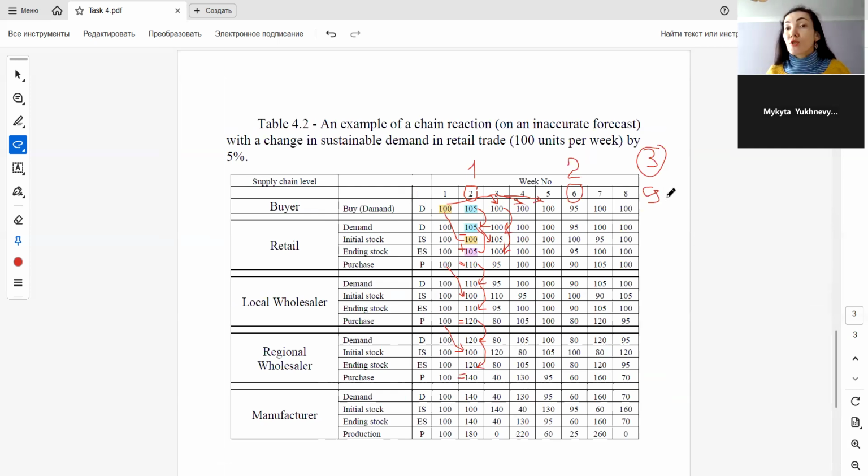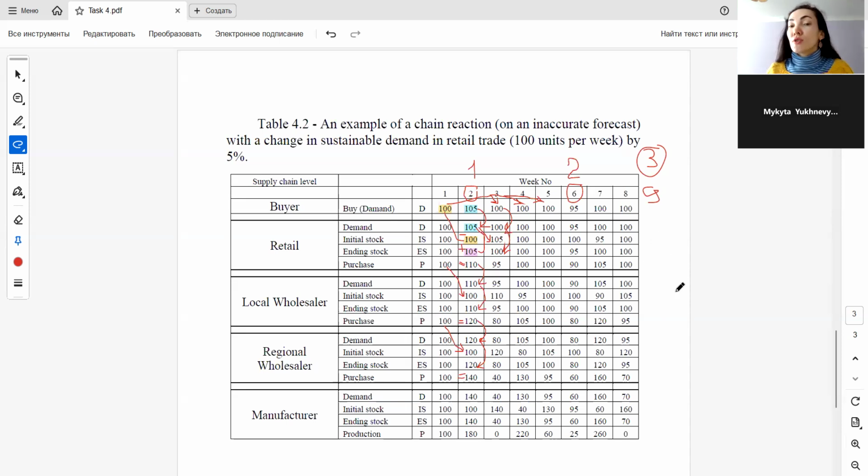We need to stop when the last week in this table is the same as the first week. But not the same just when the third change of demand happens and for the next week we write 100 everywhere.